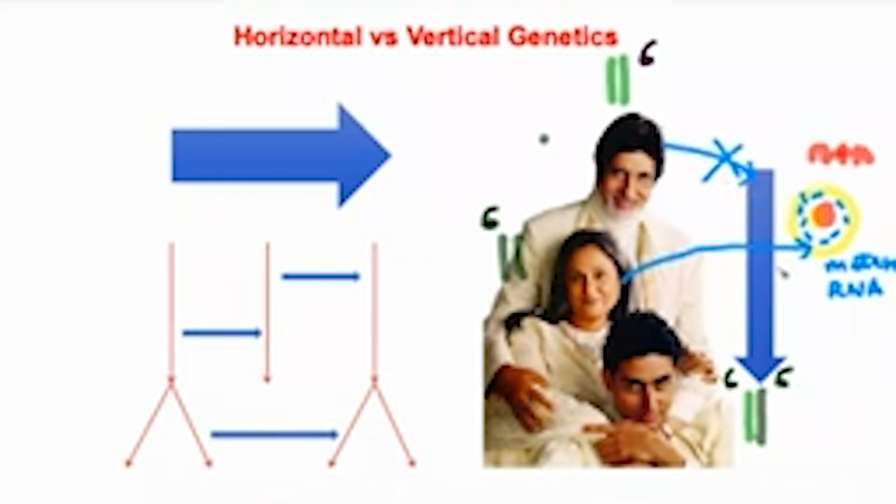So in addition to giving her genome, she also gave nucleic acid material in the egg, which was very useful in the development of Abhishek for the first few hours of development. And all that information is purely maternal. There is no paternal contribution in humans and many other mammals.